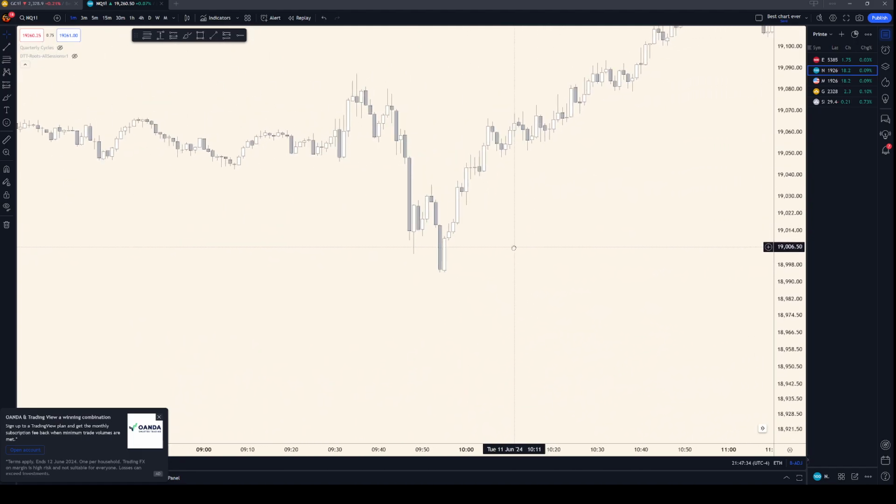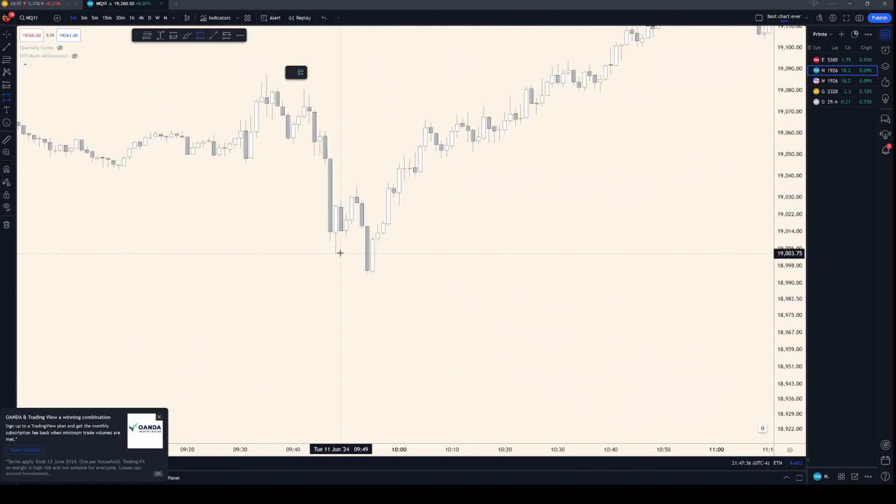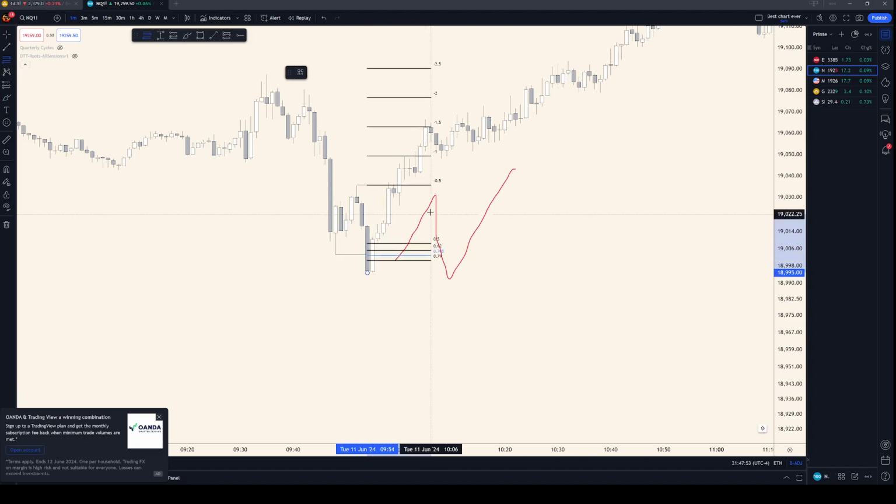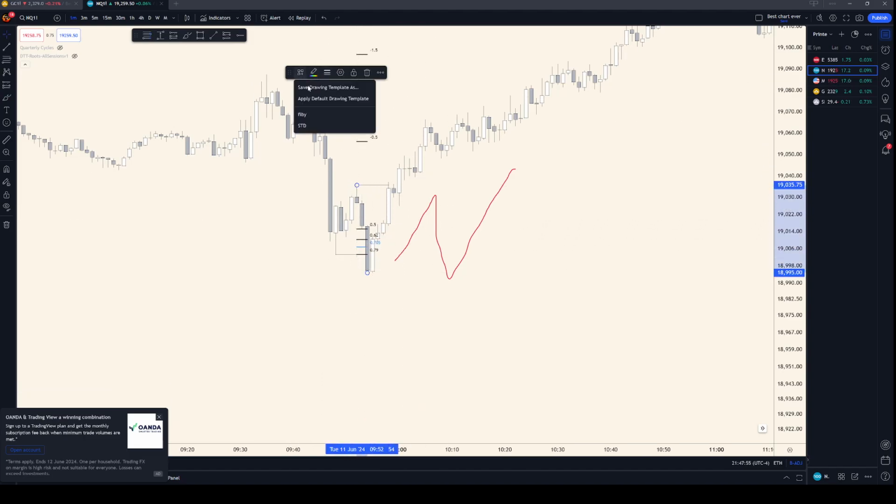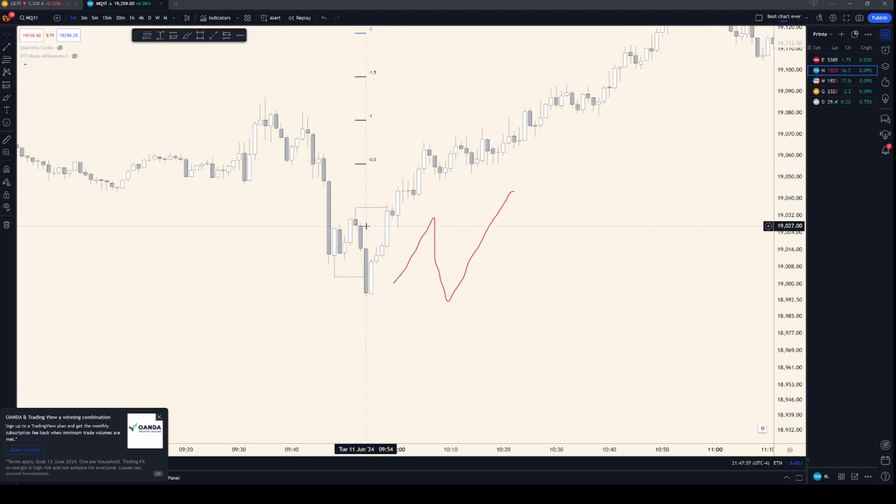So, like I said, imagine it like the beginning of a 2022 model. You have the raid, and then you have the shift. This is the manipulative swing. If you see this whole process happen, you know to measure the standard deviation from the bottom to the top, like this.